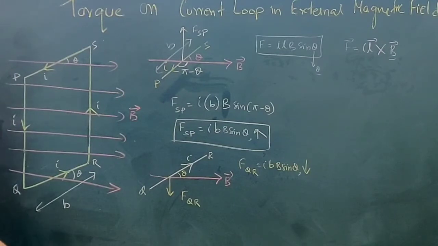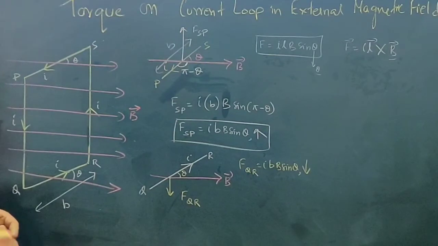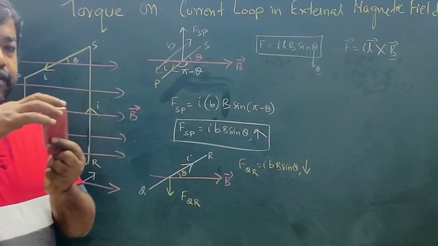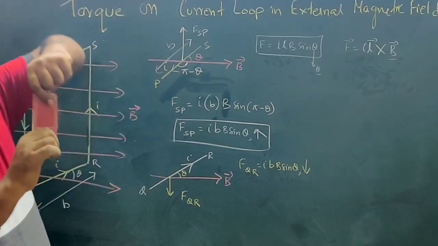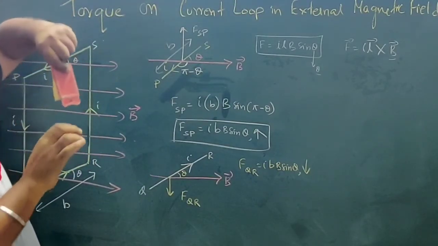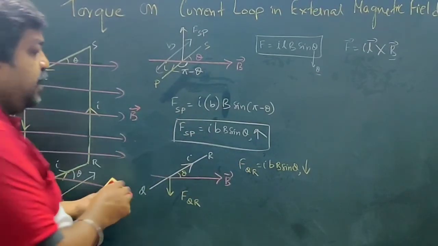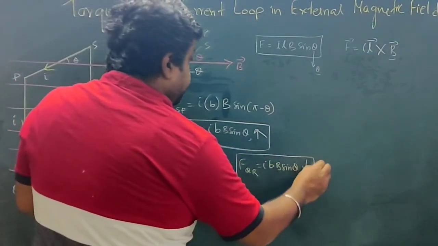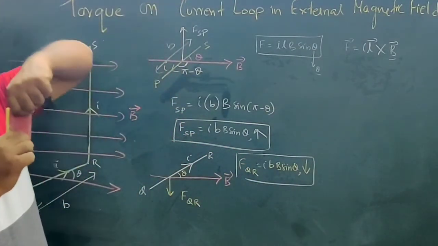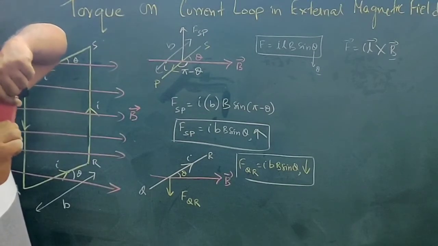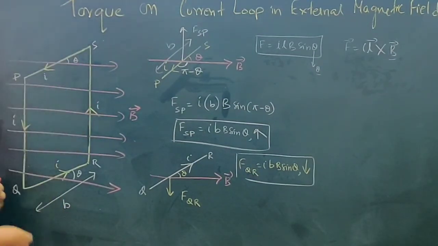Now, as you can see here, suppose this is the SP part, and this is the QR part. The two forces are equal in magnitude, and they are acting in opposite directions. They also have the same line of action, both forces acting along the same line.